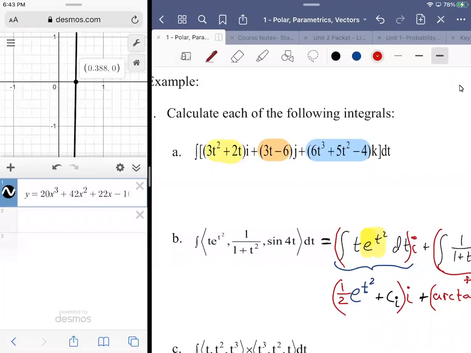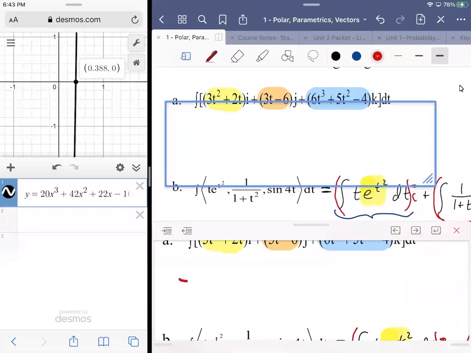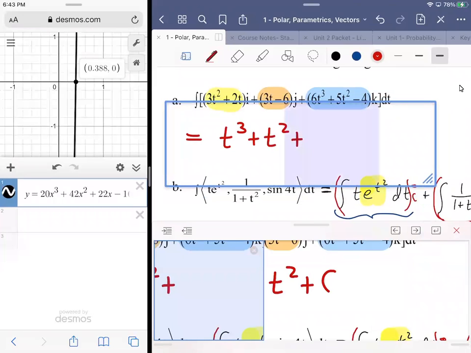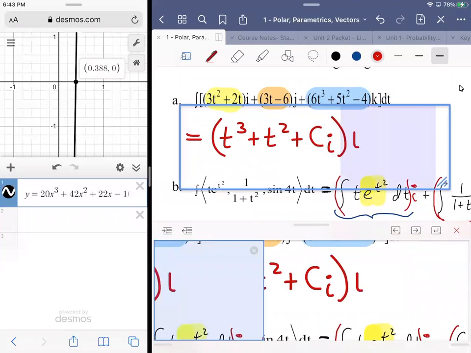component. Right? So for the first one here, we're looking at t cubed plus t squared plus c sub i. Right? So that would be the coefficient of i.